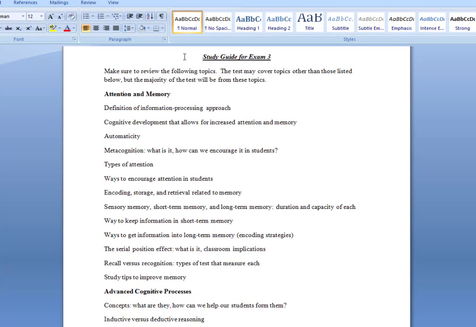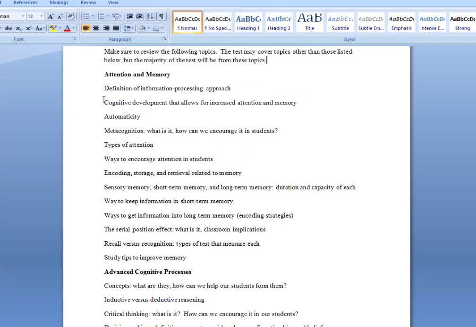Now we talked about how our cognitive development allows for increased attention, but it does for memory as well. When we're talking about cognitive development, it's going to be closely tied with our biological development. So things that allow for increased attention and memory, the cognitive skills also have a great deal to do with the biological development.